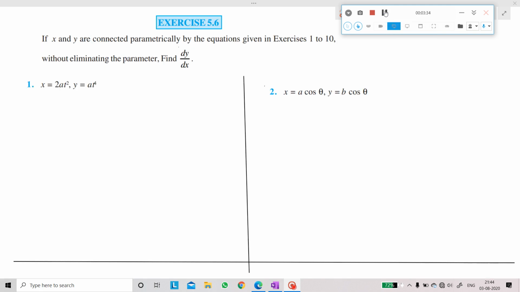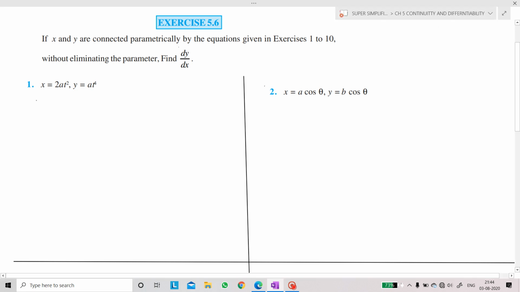Let us start question number 1 of exercise 5.6. It says that if x and y are connected parametrically by the equations given in questions 1 to 10, then without eliminating the parameter, find dy by dx. Now here you can see x is equal to 2at square and y is equal to at^4.